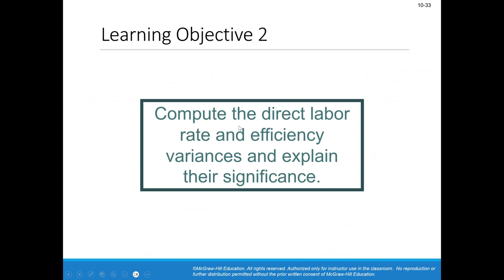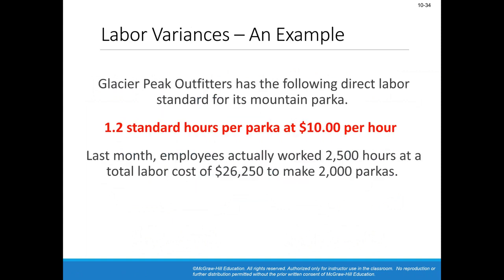And so this is exactly the same process whether it's direct material, direct labor, or variable overhead. So we're just going to kind of skip through these. But again, all right, 1.2 standard hours per parka at $10 per hour. So we made 2,000 parkas. And so 2,000 parkas times 1.2 would be 2,400.